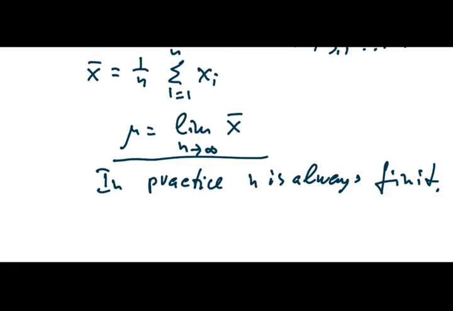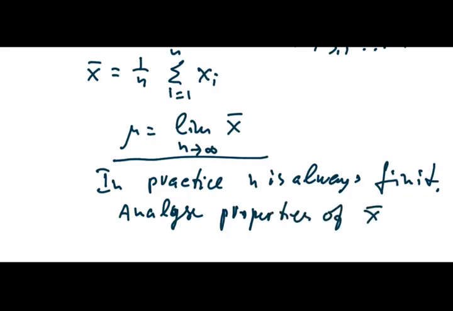So what we want to investigate is the properties of x bar. This is what is called sample mean, and we want to find out what the distribution of this sample mean is.